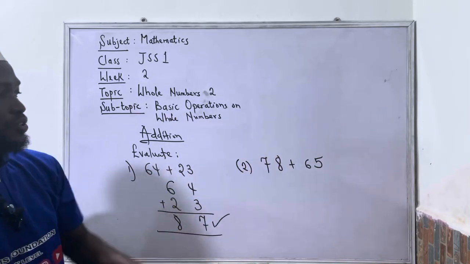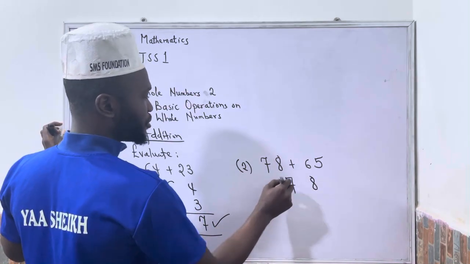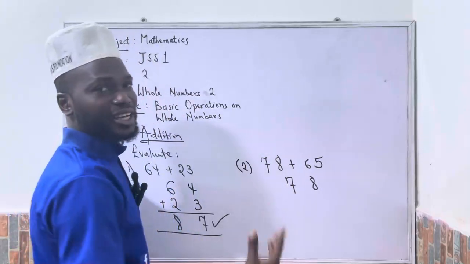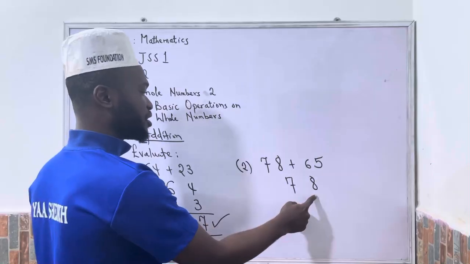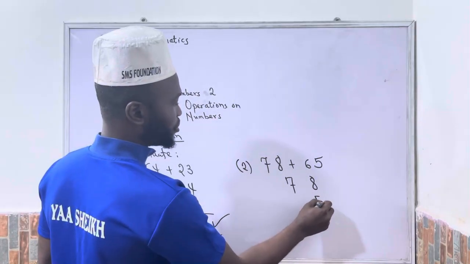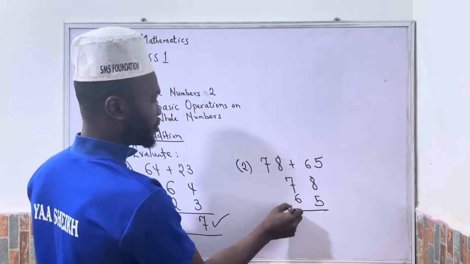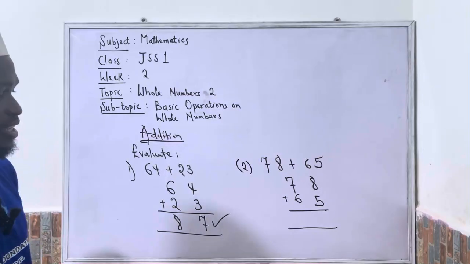Let's write 78 on top first. Next is 65 under this. Now we need to arrange it properly. 5 is the unit, let it be under the 8, which is the unit of this. 6 is the tens, let it be under here. Then I put my addition sign and close my dash.